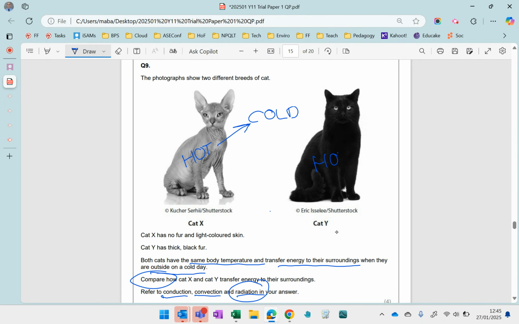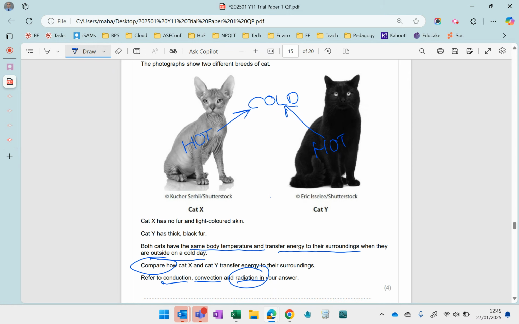Same with the black cat, it's hot, so it's going to be transferring to the cold surroundings. Now, anything else that you might think of, like, oh, it's a sunny day, therefore the sun's going to be going to the cat, no, that's not part of the answer because it's telling you it's transferring energy to their surroundings. Compare how they transfer energy to their surroundings.